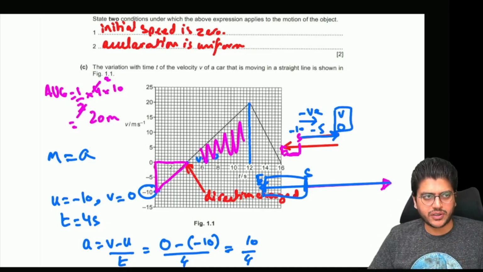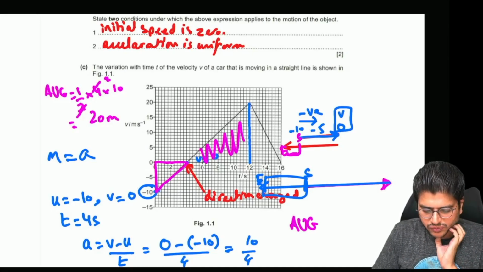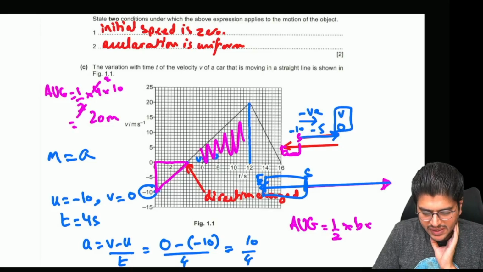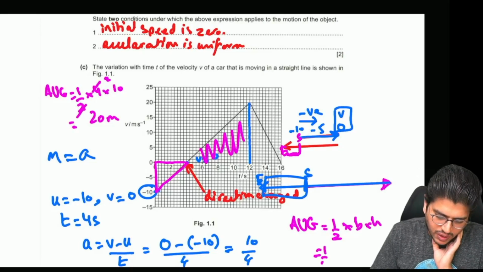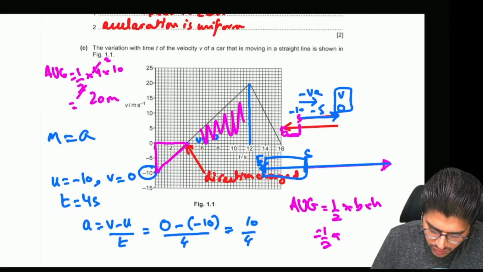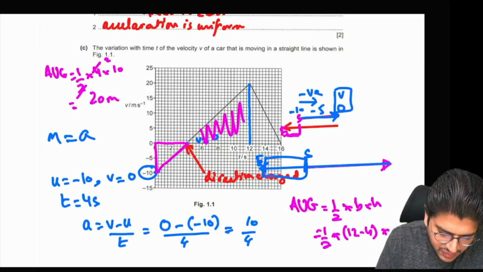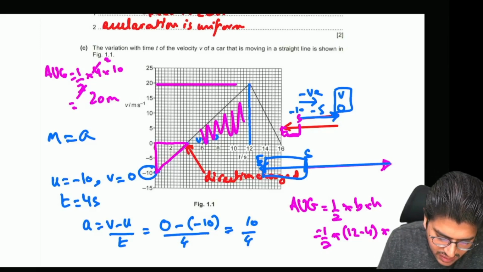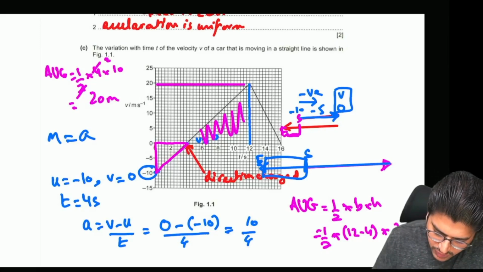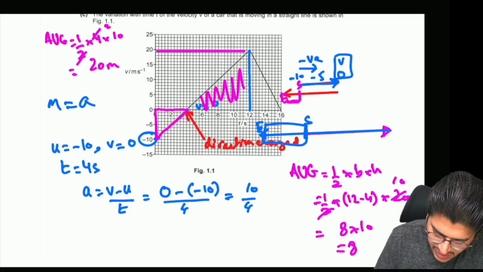So you move 20 meters to the right, for example. And now you are going to move half into base into height. So 1/2 of base, which is going to be 4 minus 12 or 12 minus 4, which is 8, into height. This is 20. So into 20. So this is going to be, this is 10, 8 into 10, this is 80 meters.